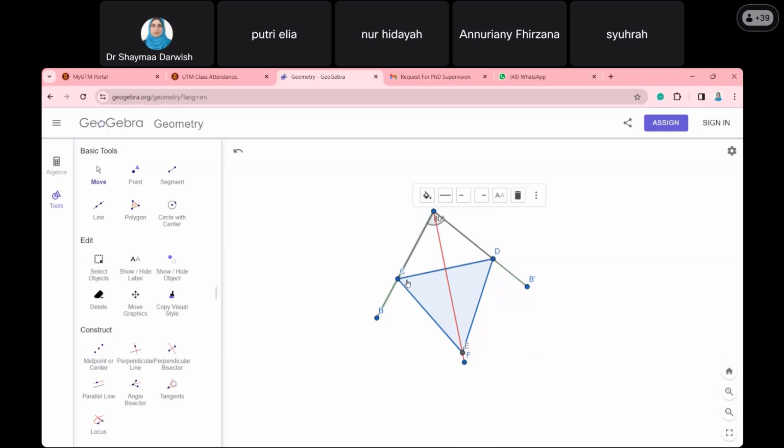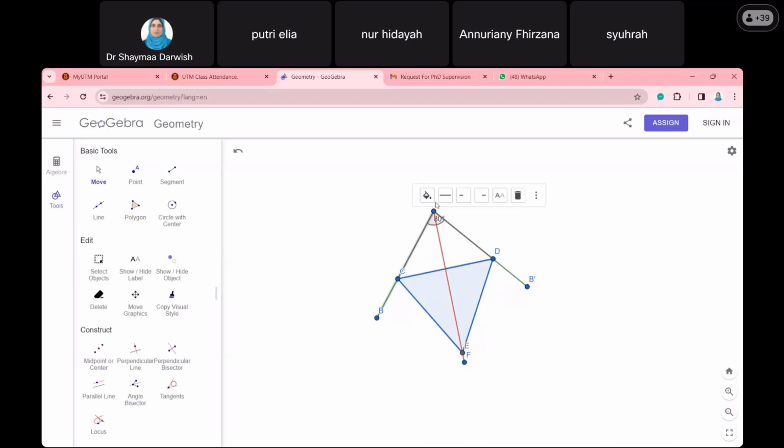And DE is equal to EC from the equilateral triangle. So these two triangles are congruent by using SSS, side, side, side.